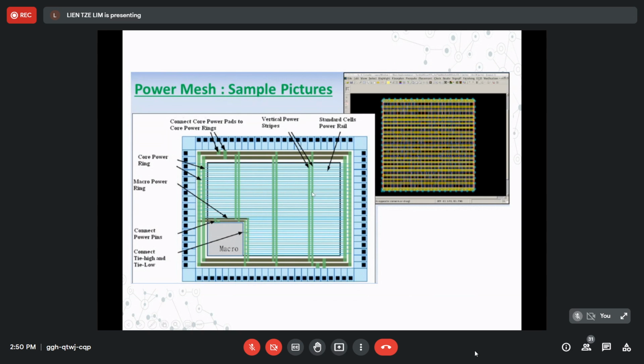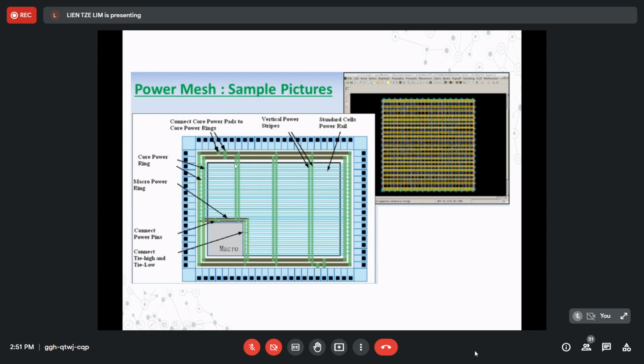Okay, this is also the power straps, the power straps in vertical. And the standard cell power rails. It is the power rails for standard cells. So different power rings are actually planned for different elements. The elements I mentioned are the macro, standard cells, and the core.